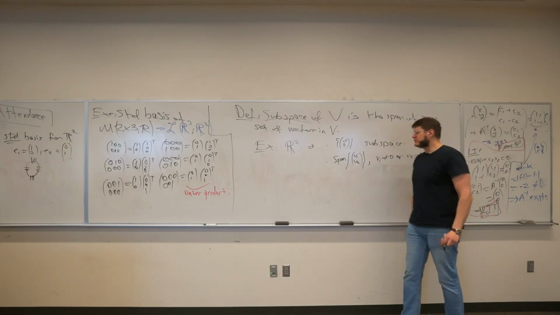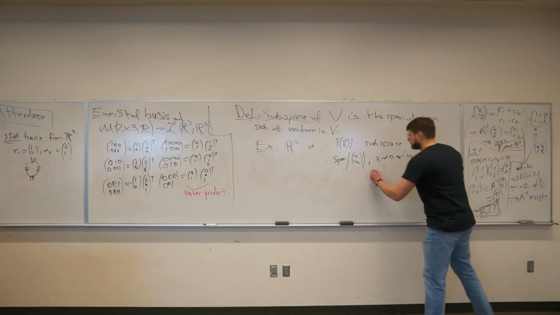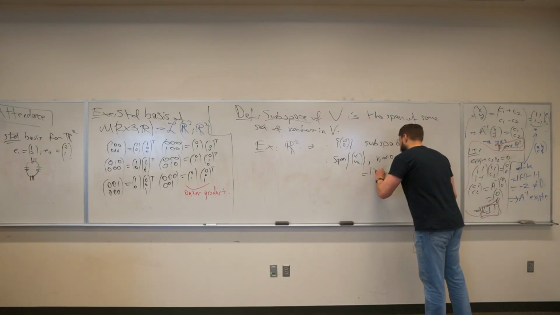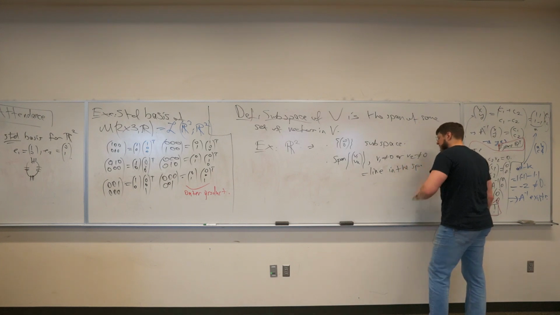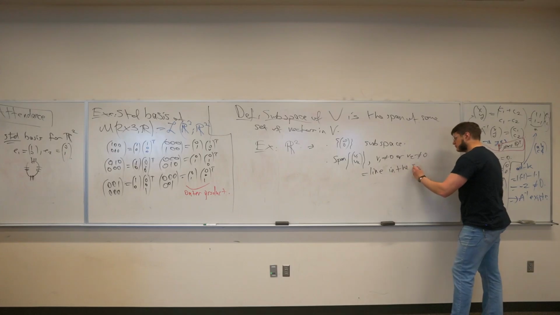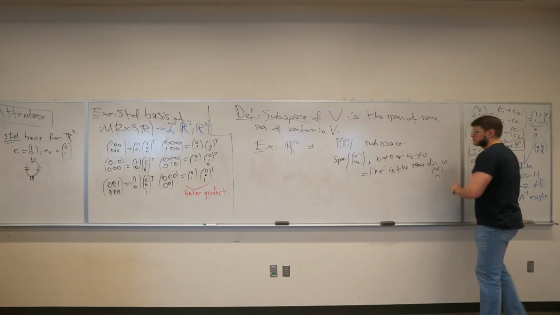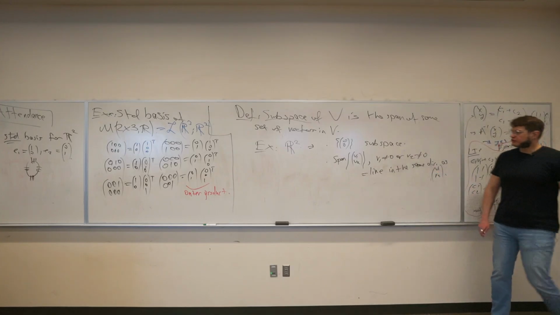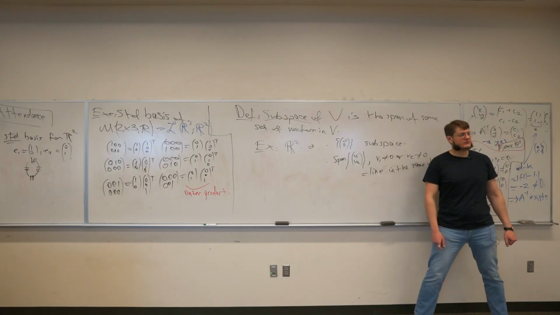If I take a non-zero vector like this and look at the span, I get a line in the same direction as v1, v2. So this is just a vector, but when you look at the span of it, you get the subspace.